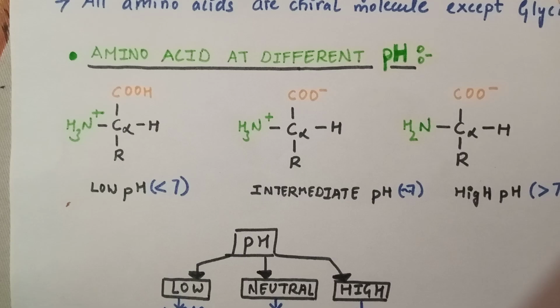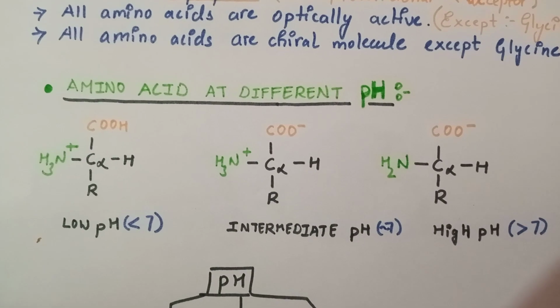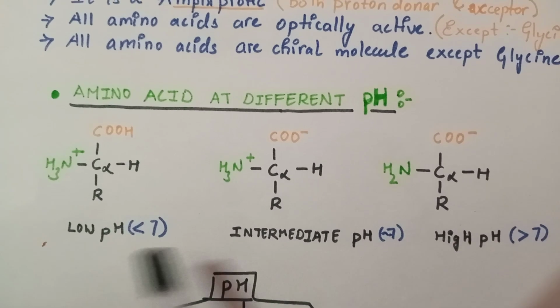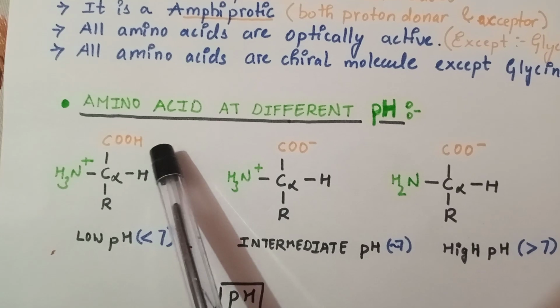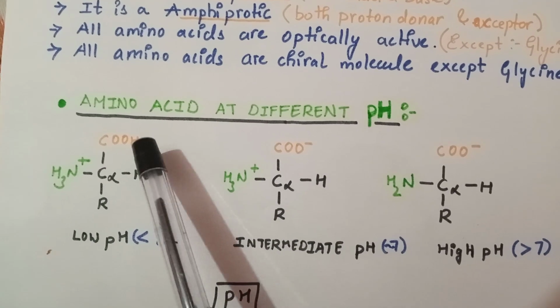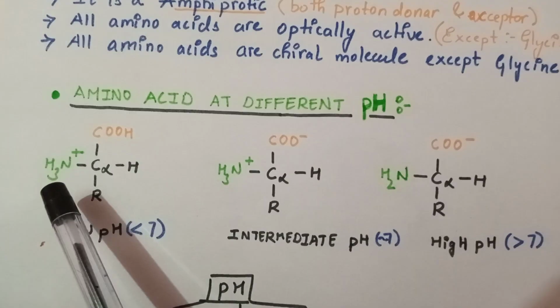At low pH, both the carboxylic group and amino group are protonated, as you see here that on the carboxylic acid also the H is present, meaning it's a protonated group, while the amino group is also protonated.